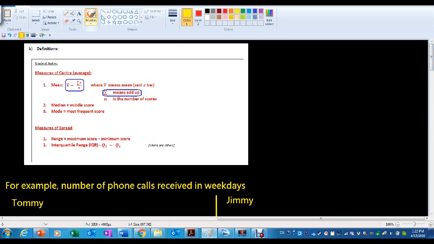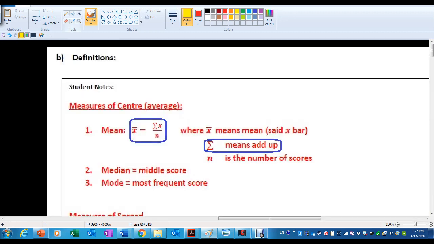But there's another way to find the center of data. That's what we call median. Okay, median is another measure trying to get the so-called average of the data, right? So for the median, you are going to find the middle score, the middle data, right?